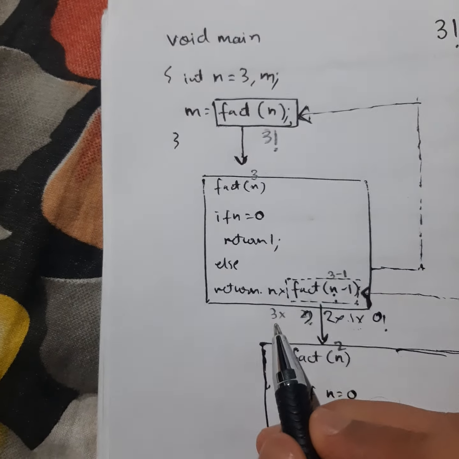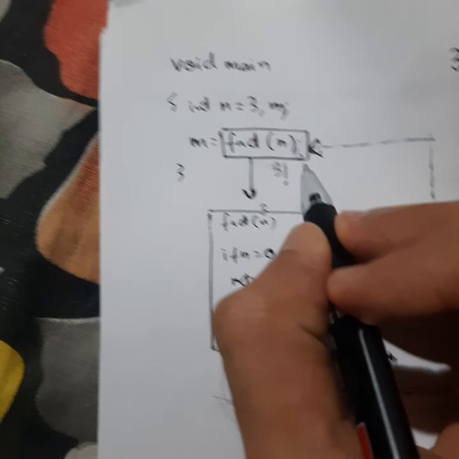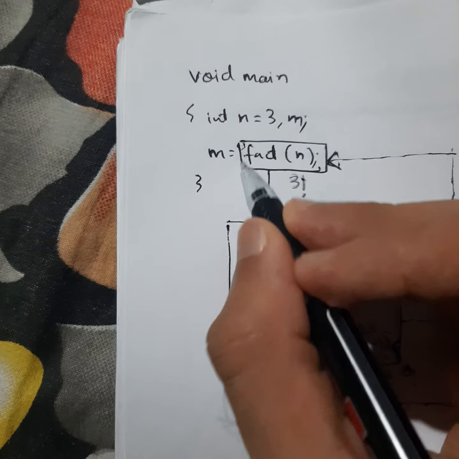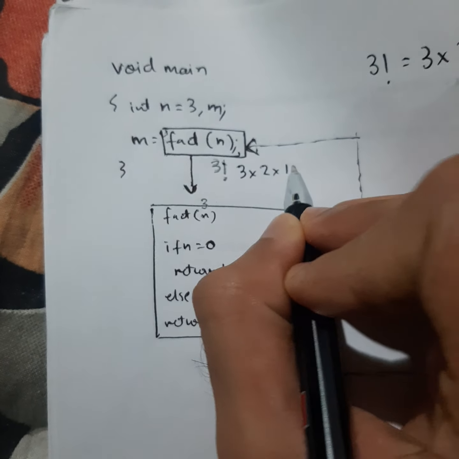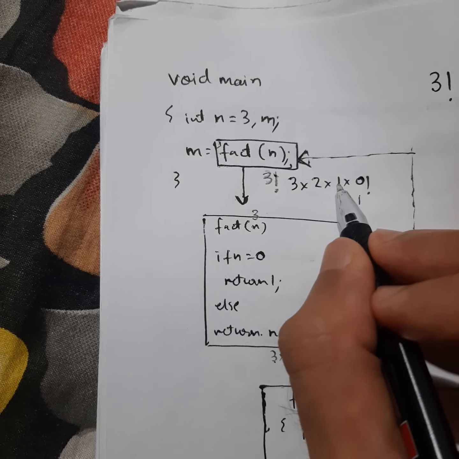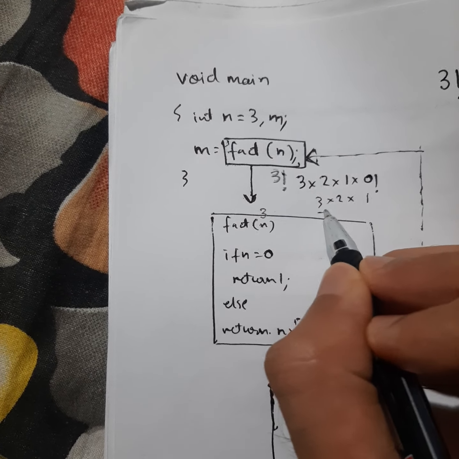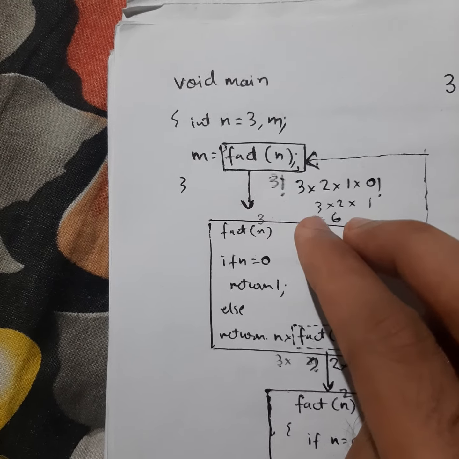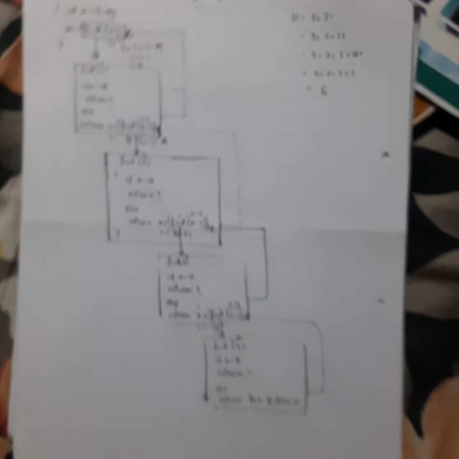So what is this whole answer? 3 into 2 into 1 into 0 factorial, that should get replaced here. So instead of this, I can write 3 into 2 into 1 into 0 factorial. If you calculate, 0 factorial is 1 only, and 1 and 2 and 3, into 2 into 3, then we'll get 6. Then this 6 will come and sit in m. So here is how we find the factorial.